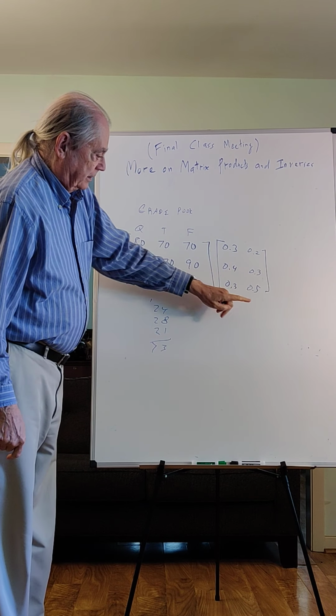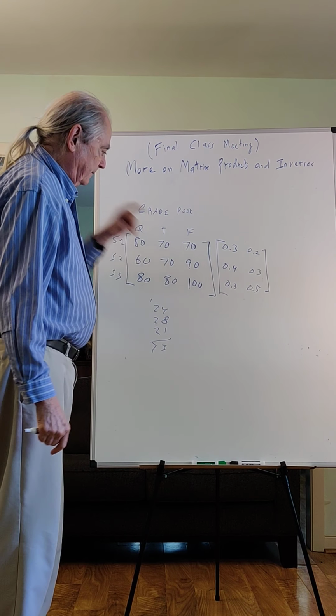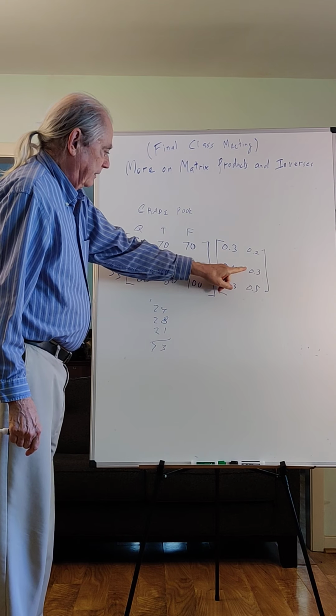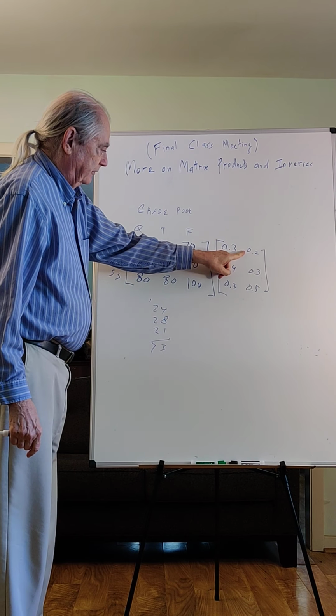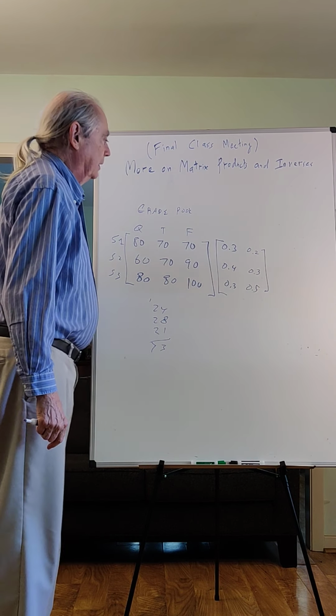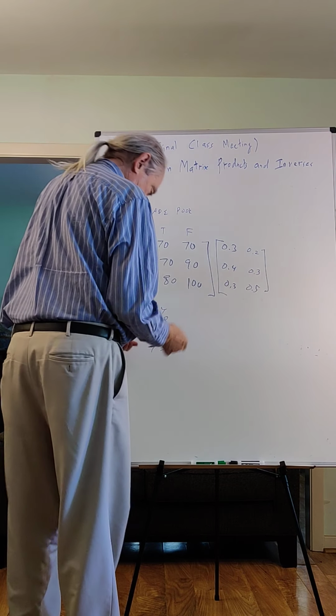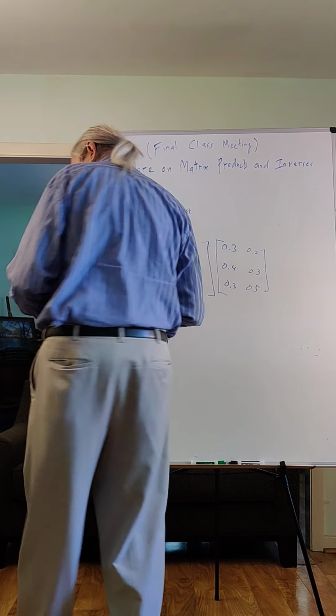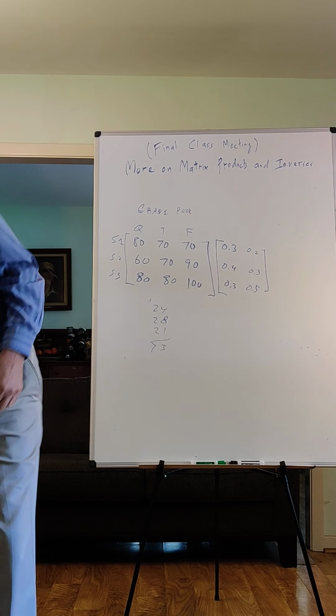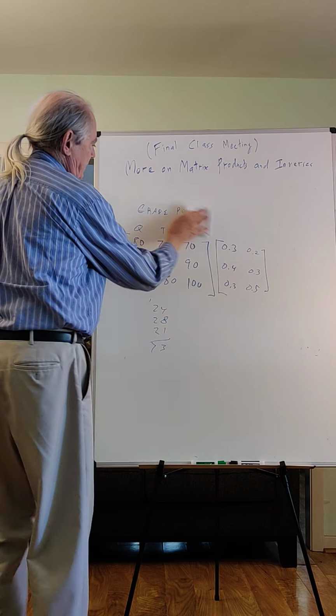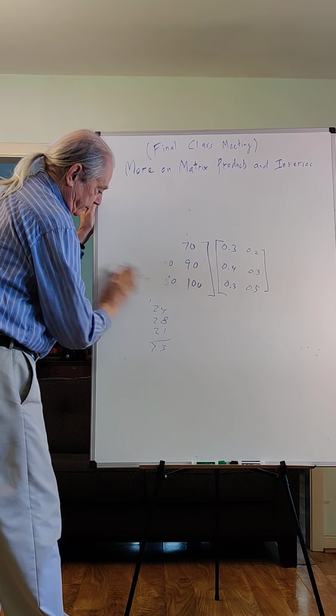So now the final exam is half the grade. The test average is 3/10. The quiz average is 2/10. I could calculate those averages in the same way. Okay, so that's one application, matrix multiplication.